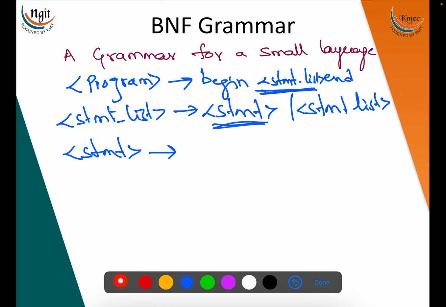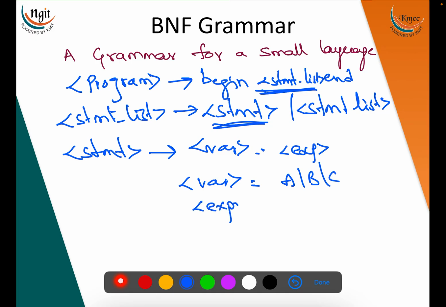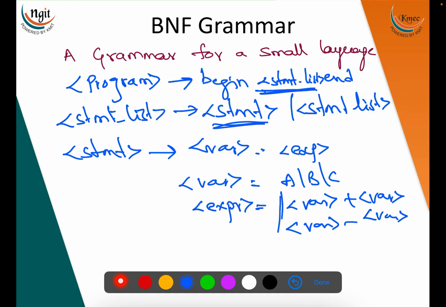Statement derives variable is equal to expression. Now variable is equal to A or B or C. Expression is equal to variable plus variable, or variable minus variable, or else variable. So this is a grammar for a small language.